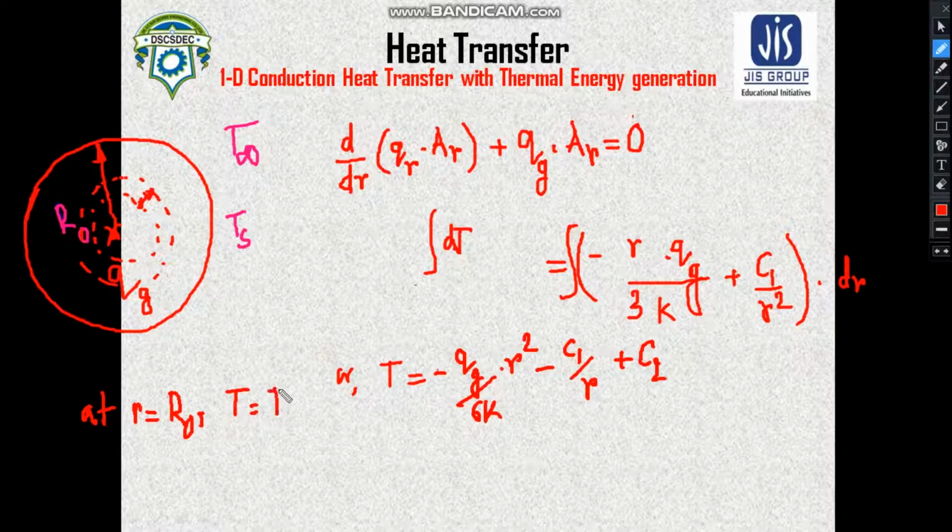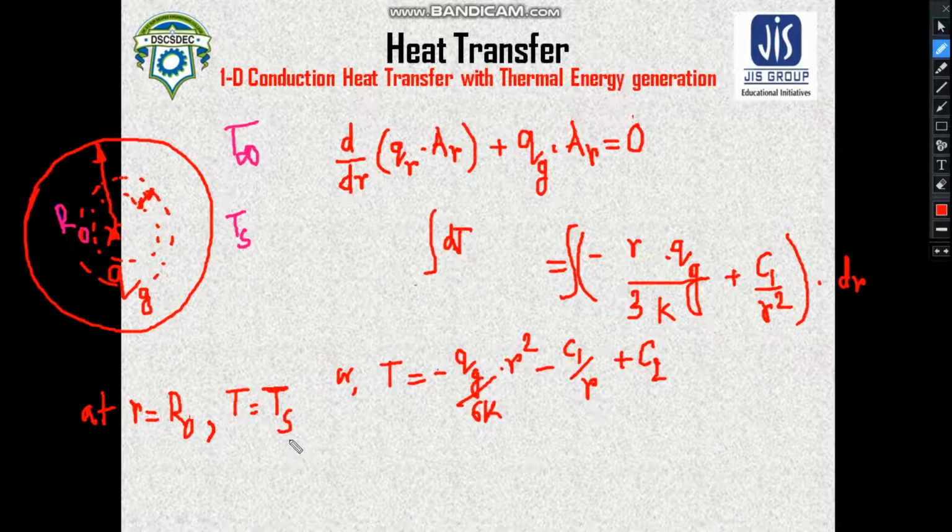So you can simply write at r equal to r0, T is equal to Ts. Still I will rewrite it once again. So at r equal to r0, T is equal to Ts.